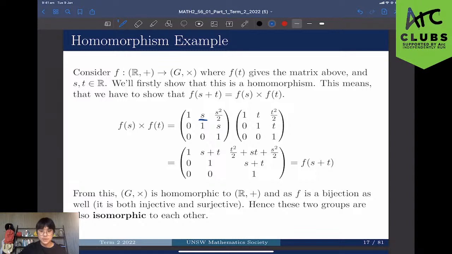And it's going to be surjective because G is the set of all matrices that look like this from real numbers, and we come from all the real numbers. So we're going to be able to make any matrix in G that we want. So since f is a bijection, the groups are isomorphic to each other. Yes, so this question is finished.